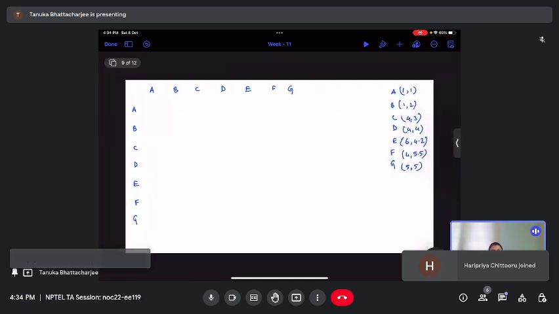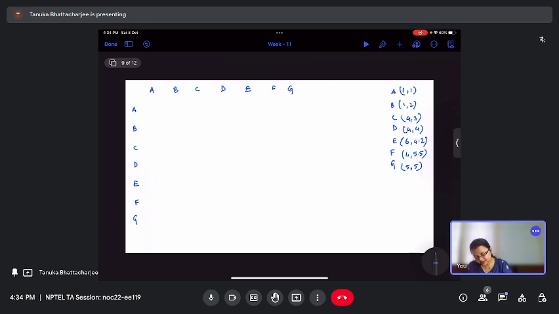So, these are the 7 data points. Now, the distance between A and A is not important. We will first consider the distance between A and B, that is the Euclidean distance between A and B. As you can see, the distance will be 1. Now, between A and C. If you consider A and C, let me compute the distance.